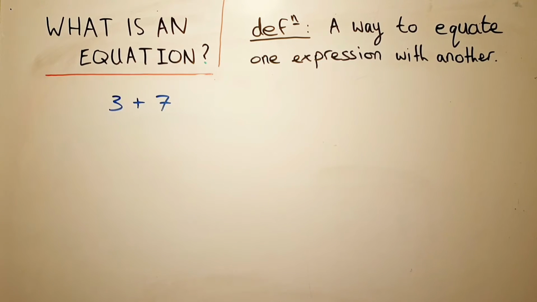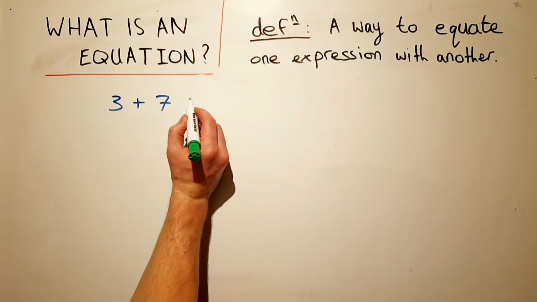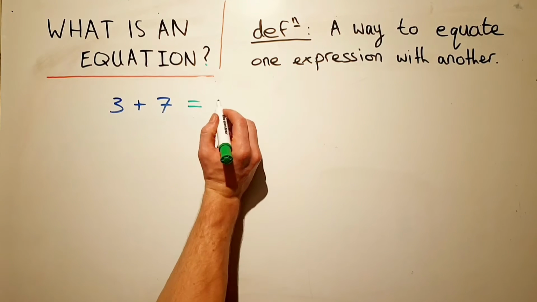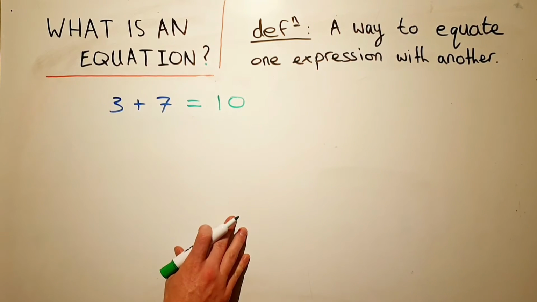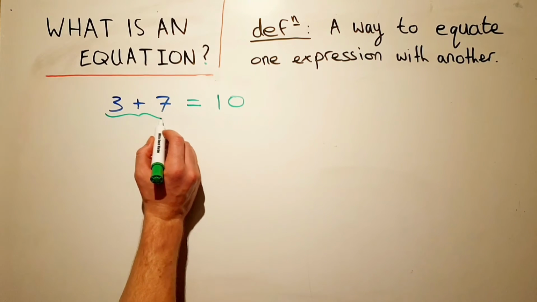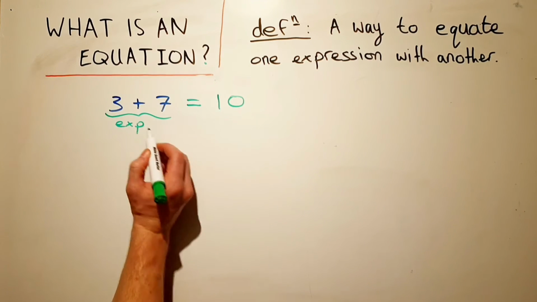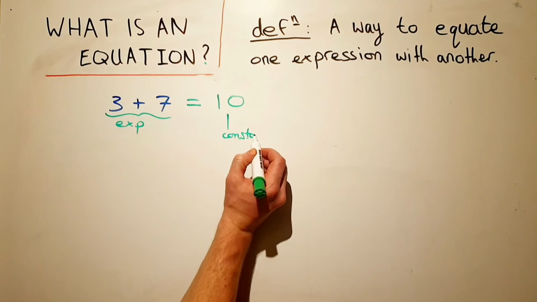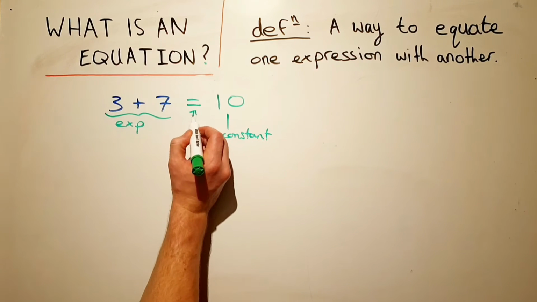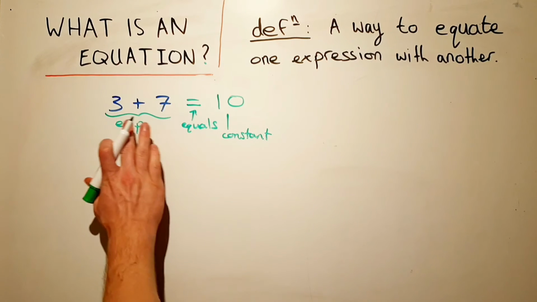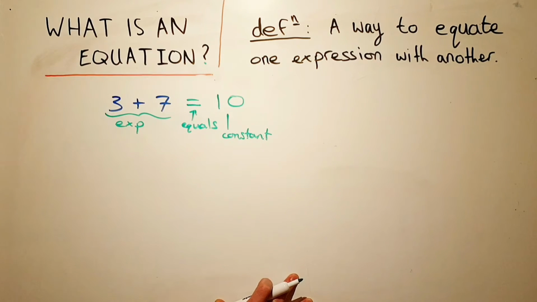Now, to form an equation out of that, we would need an equal sign. And then, of course, the sum of these two constants is 10. So now we have an equation that consists of: this is the expression, this here is a constant, and here we have the equal sign, which makes this whole expression and constant into an equation.